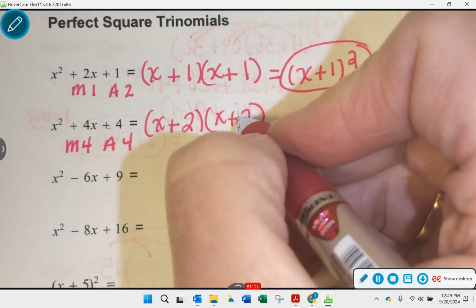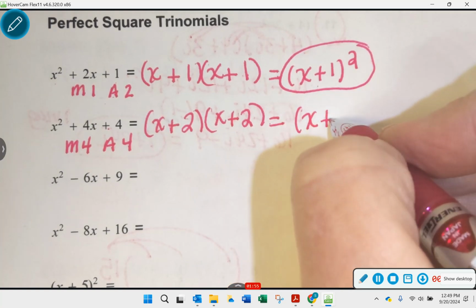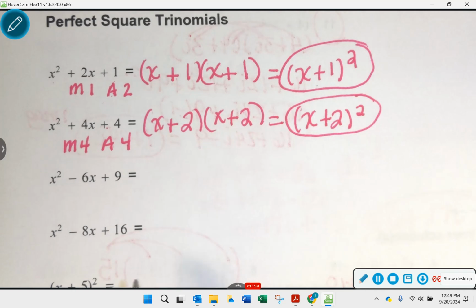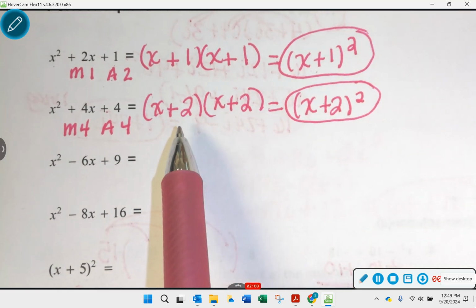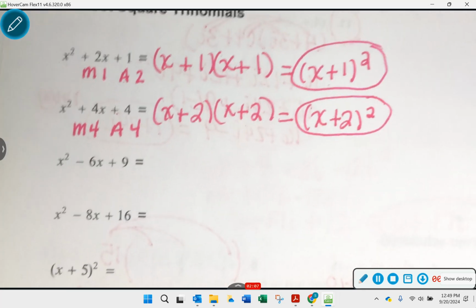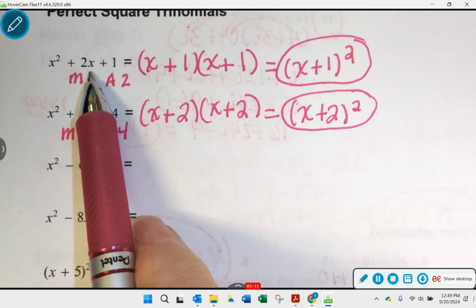Plus and plus. So a better way of writing that is as the binomial x plus 2 quantity squared. You should see a pattern developing here. Do you think you know how this would factor? Maybe not yet.